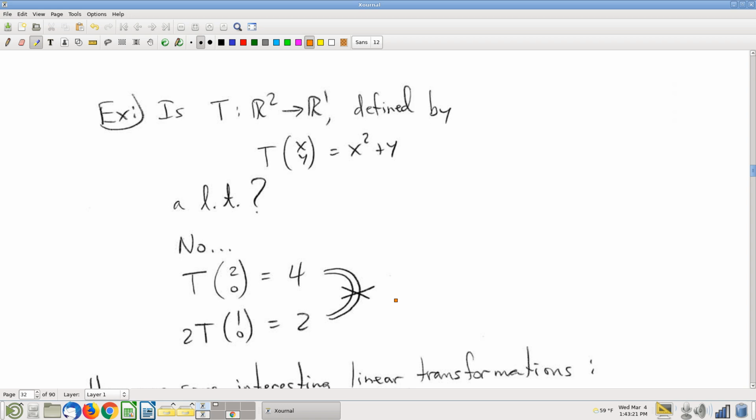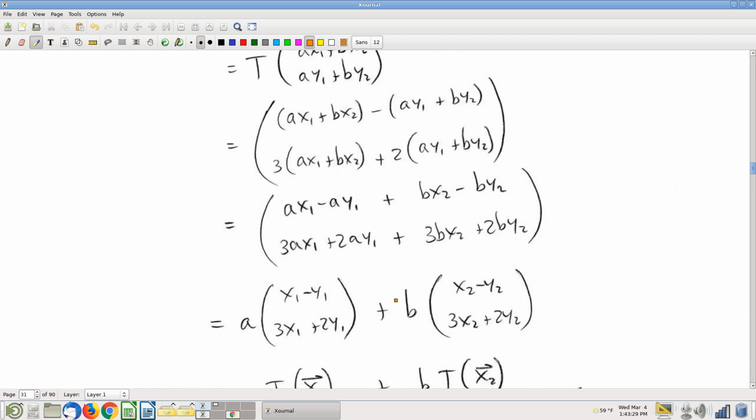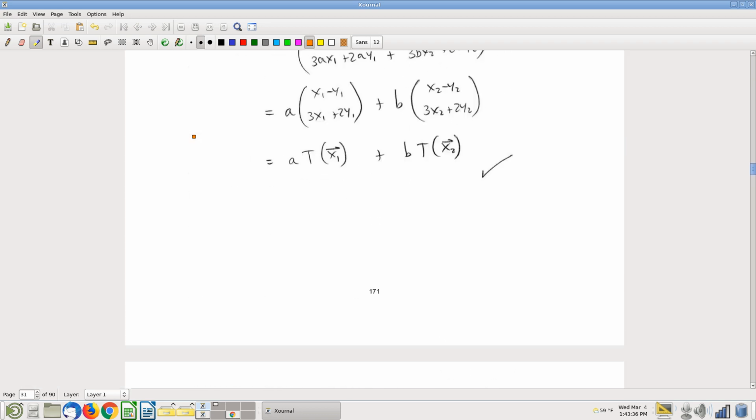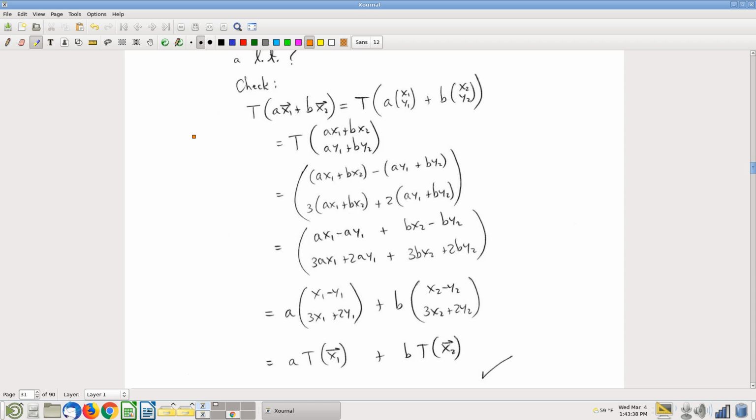Students, by the way, sometimes ask, well, how come I can sort of just come to my conclusion with an example here, whereas over here I had to use actual algebra? Why don't I have to do algebra here? Or sometimes instead, can I just show an example here, right, in proving something's linear? So the big difference here is that to be a linear transformation, a certain property has to hold always, right?